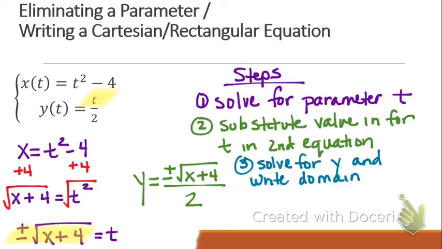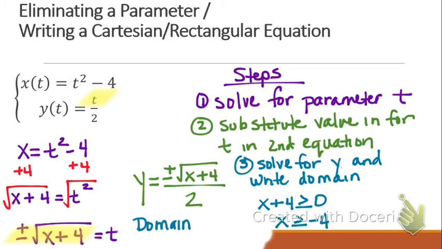So to find your domain, you would take what's under the square root, set that greater than or equal to 0. That means your domain is greater than or equal to -4. So my domain is -4 to infinity. And that is my final answer.